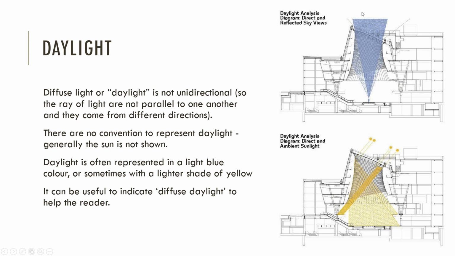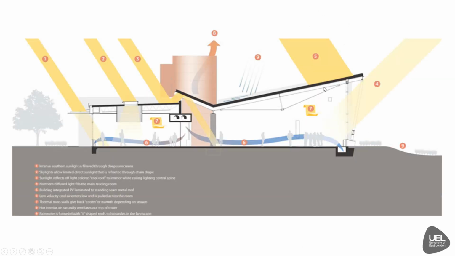It can be reflected on the clouds, or on the ground, or on other buildings, and it comes from all directions. You can see here the daylight coming from every direction. The sunlight comes from the direction of the sun, and sun rays are always parallel. On this diagram, you can see the sunlight is represented coming from the sun, and you have some daylight which comes from the north here.